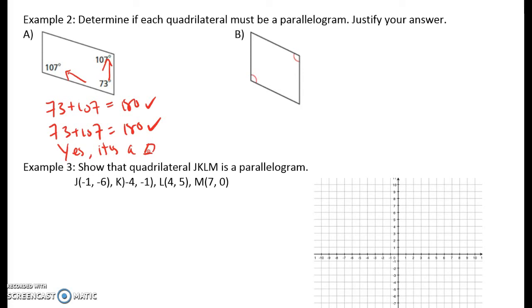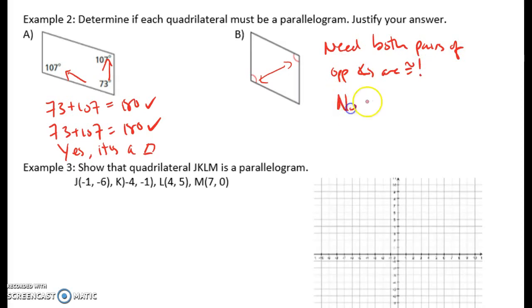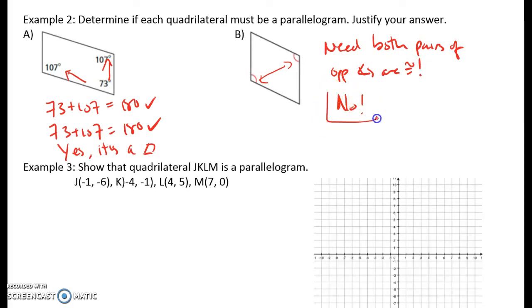Take a look at B. What can we say about this one? Yes or no? Remember, once again, we're given information about angles. And here I've only got one pair of opposite angles, but I need to know both pairs of opposite angles are congruent. So no, there's not enough information. We can't say that's a parallelogram. All right?